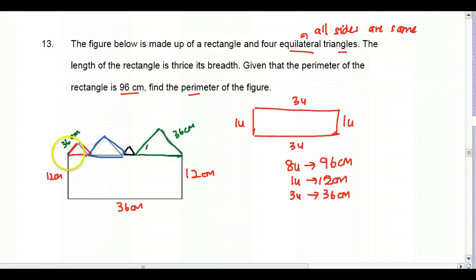Okay, so altogether, because it's outline, I actually do not look at this. I only look at the outline. So now I have how many 36? 1, 2, 3, 36, right? So its perimeter will be 36 times 3 plus 12 times 2. So my perimeter of the figure is 132 cm.